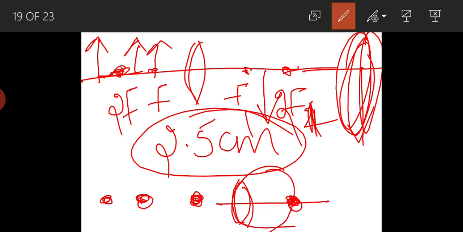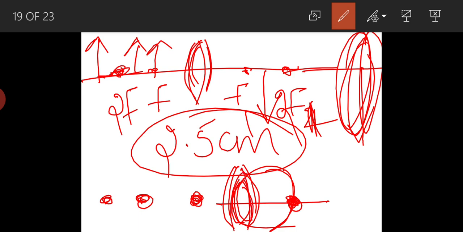But according to lens, we know that when the object distance varies, the image distance also varies, but in this case the image distance is not varying, it is fixed. So how is it possible? This is possible by varying the focal length of the lens. In the previous cases we did not vary the focal length, that is why, since the focal length is constant, whenever the object distance is changing, the image distance is changing.